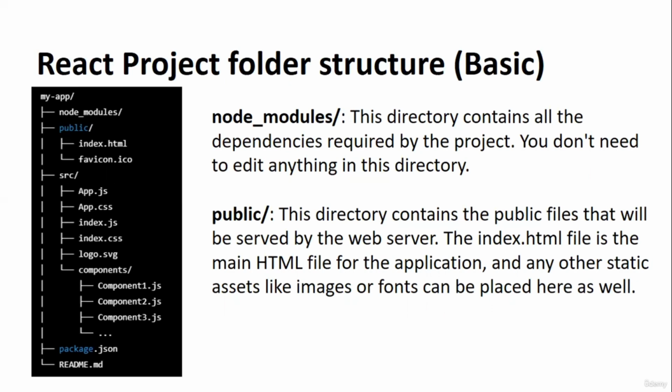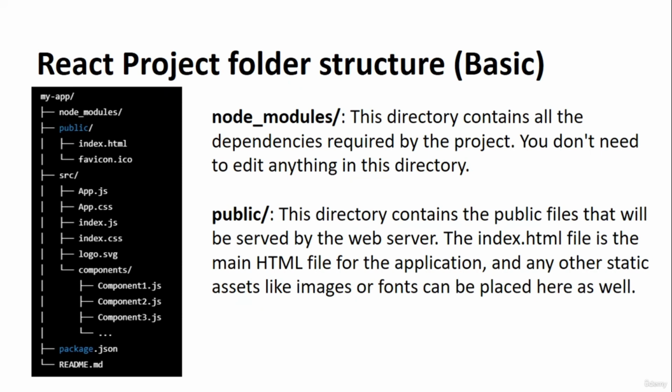There are some basic files and folders which are always required, and you will see them in any React project. The first is node_modules. In our project directory, these are some of the folders which are present. The most important part is node_modules, the directory which contains all the dependencies required by our project.